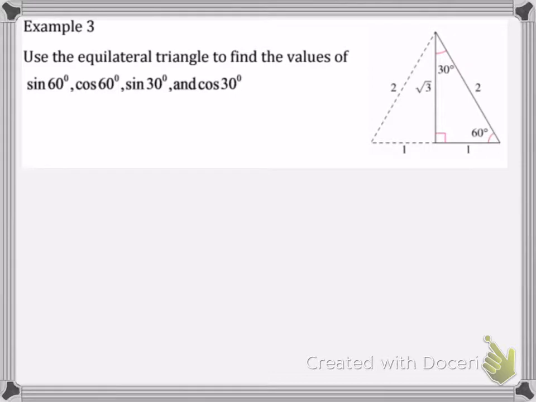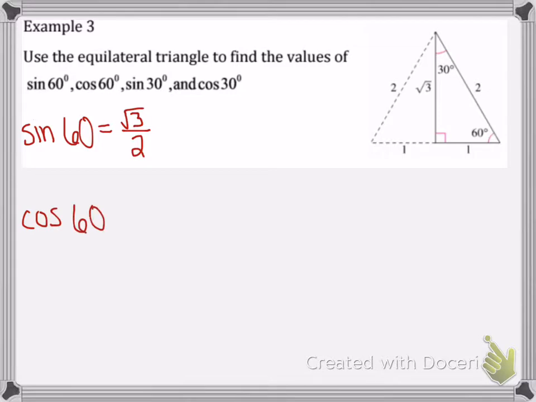Use this equilateral triangle to find the values of sine of 60, cosine of 60, sine of 30, and cosine of 30. Okay. Now I'm going to use the triangle on the right-hand side and go from there. So the sine of 60 is equal to opposite over hypotenuse.